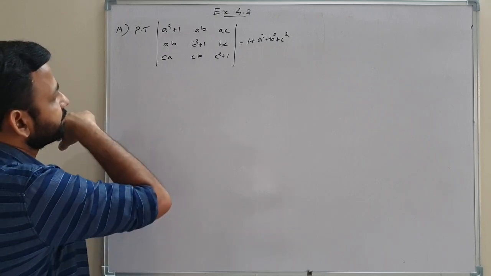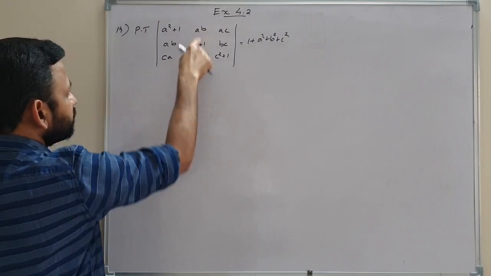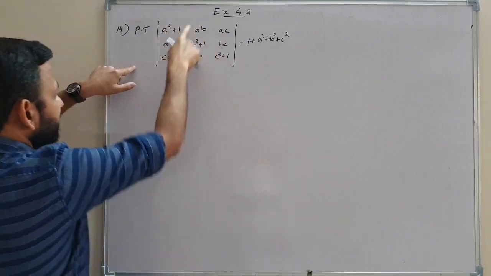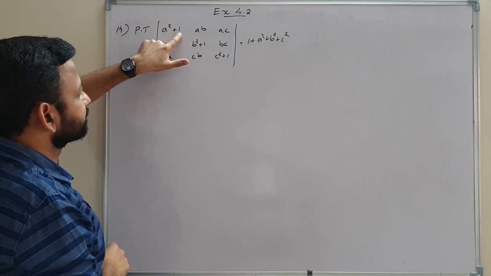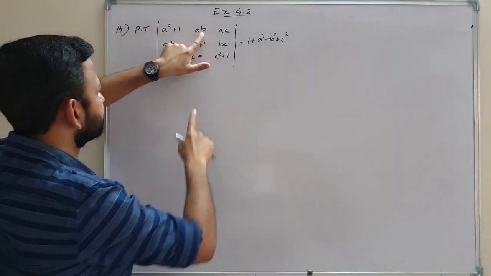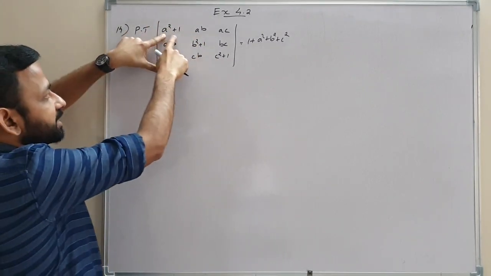if we multiply C1 by A, C2 by B and C3 by C, A cube plus A, if you take A outside, 1 plus A square we will get.